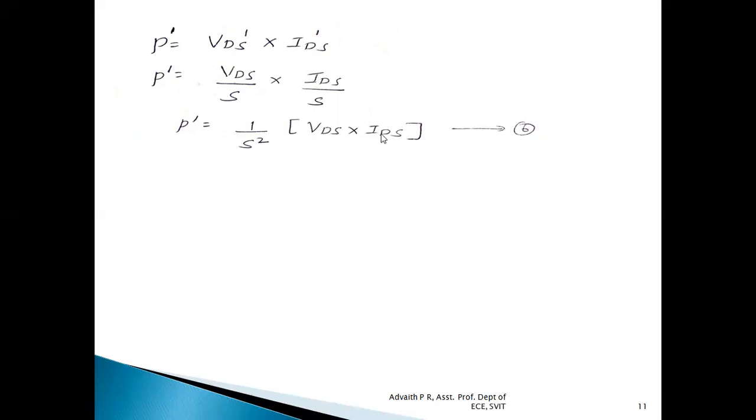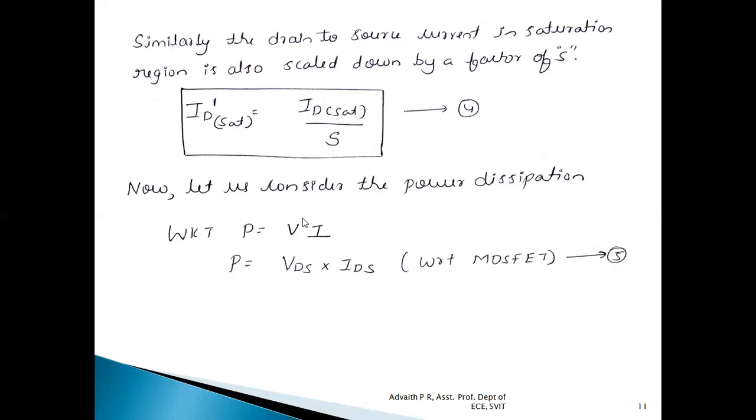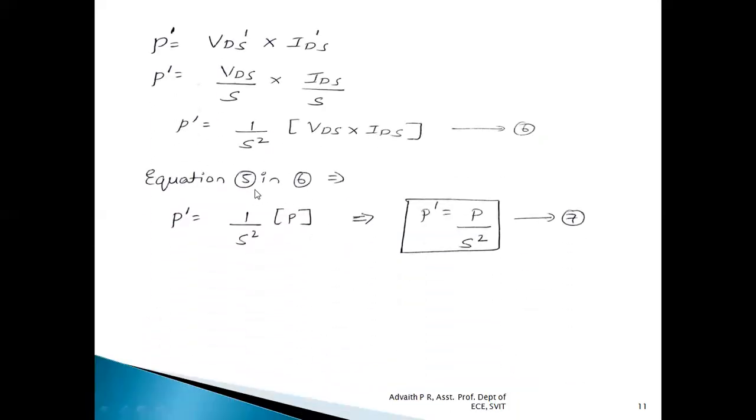Now, VDS into IDS is nothing but power. So once I substitute equation number 5 and equation number 6, that is power in place of this VDS into IDS, I can write the equation as P dash is equal to 1 by S square. I'll write it as it is in place of VDS into IDS, because VDS into IDS is nothing but normal power for Mosfet.